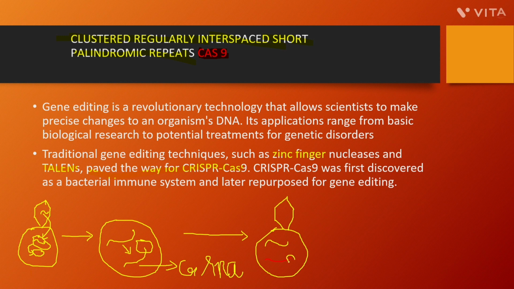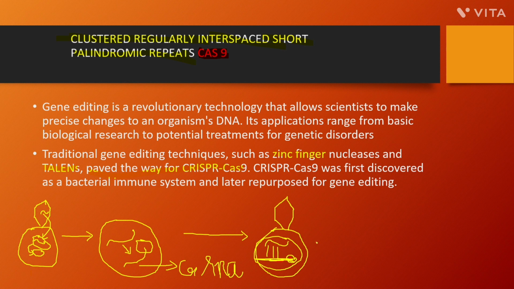These two sequences, the viral DNA sequence and the RNA sequence, are complementary to each other. So a bond is formed between this viral DNA and our RNA, and this RNA basically guides the Cas9 protein towards the viral DNA.